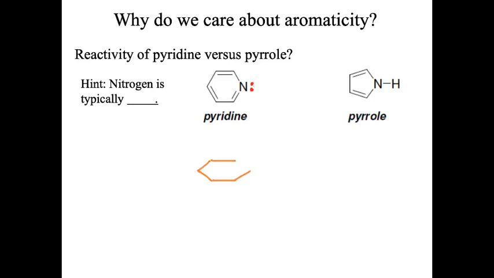Let's take a look at that pyridine structure on its side. What we're going to do is look first at the pi bonds. Those pi bonds are due to the overlap of p orbitals. Where's the lone pair on that nitrogen?